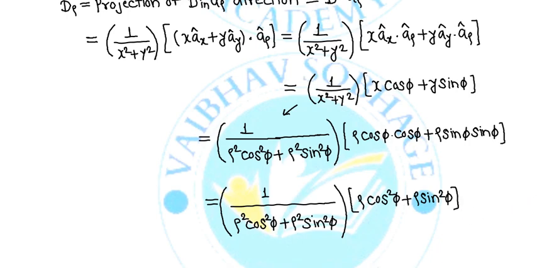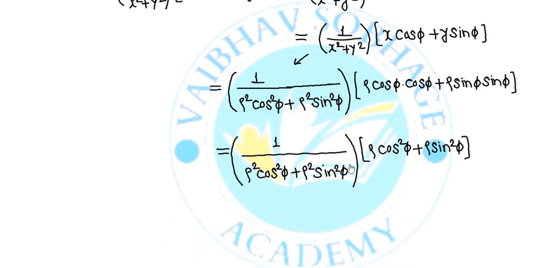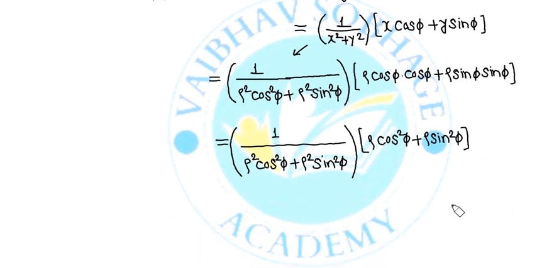Okay, now we just have to simplify that one. So what will that be now? This rho you can take common out of this bracket. So what is left within the bracket?